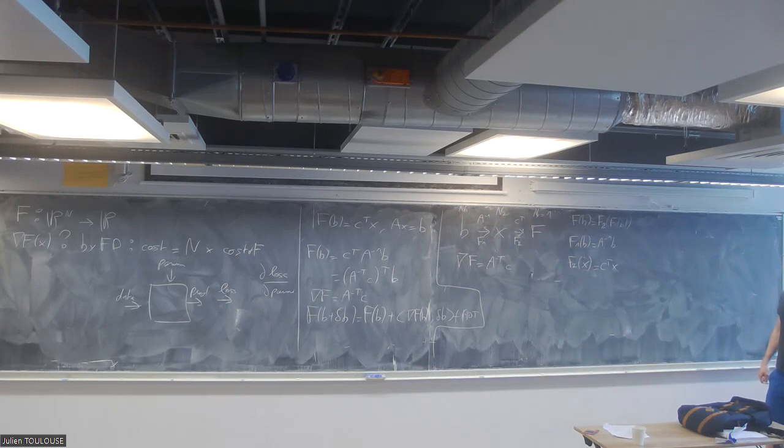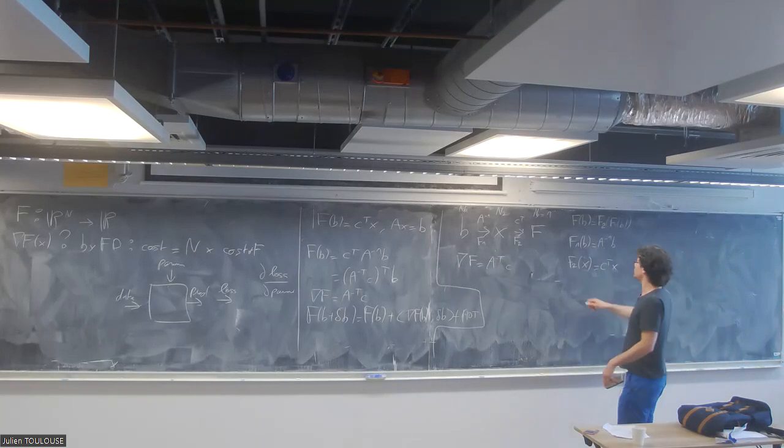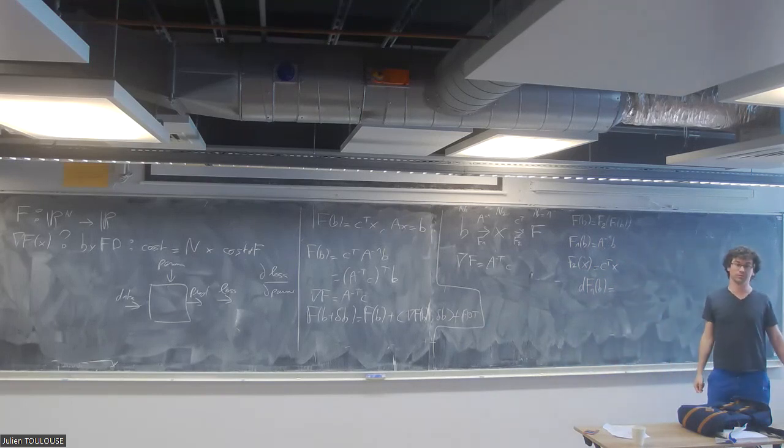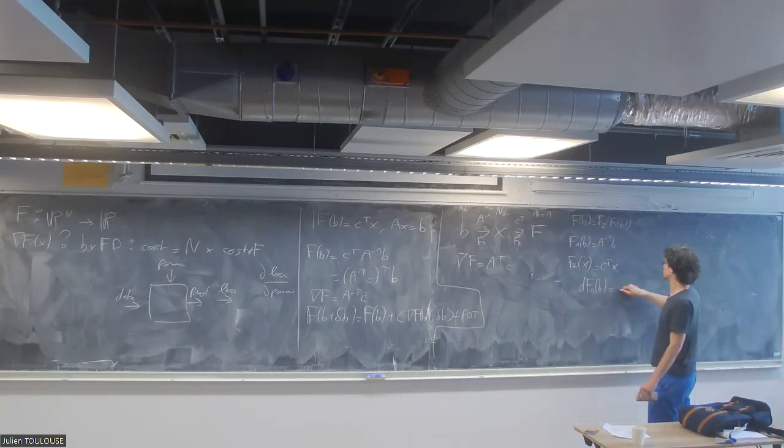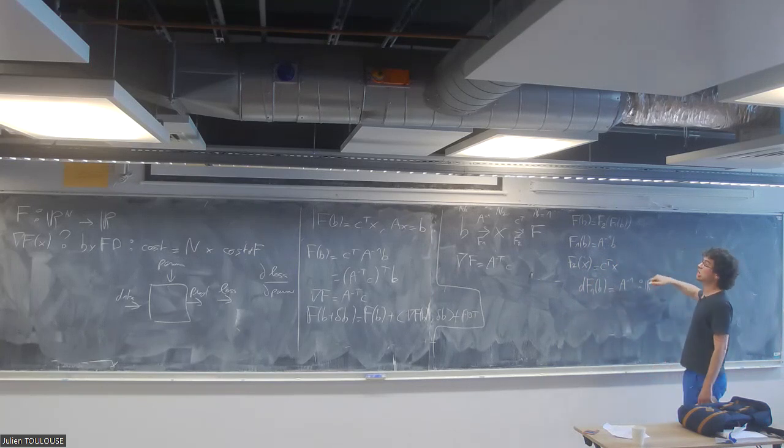Okay. So F1 of B. What is the differential dF1 of B? This is just A minus 1. So this is from R^n1 to R^n2.